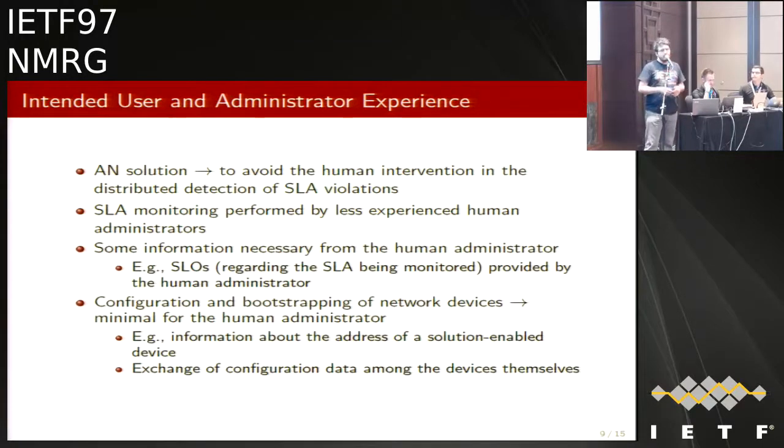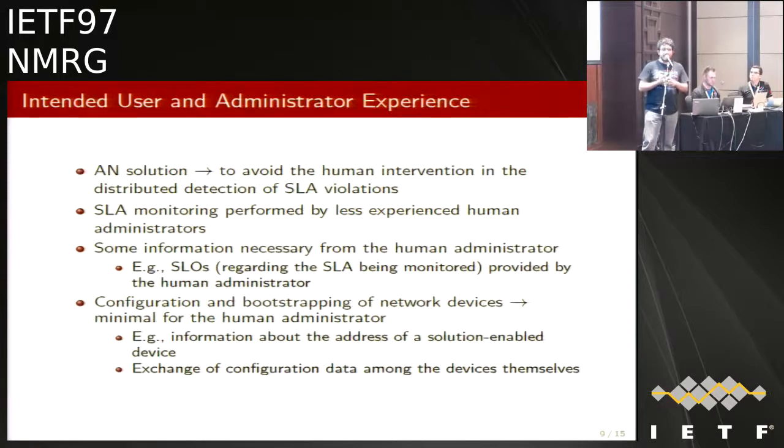Also, some information will still be needed from the human administrator, for example, the service level objectives regarding the SLA which is being monitored in a network.